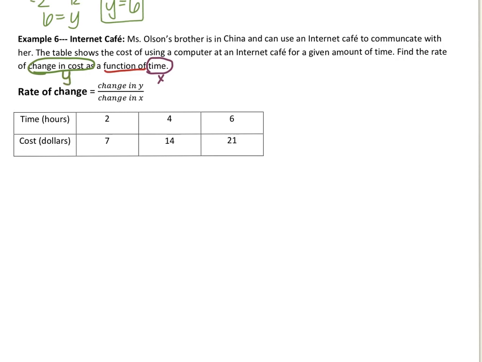So when I look at my rate of change equation, which is change in y over change in x, I know for this problem it's really going to be my change in cost over my change in time. I'll write it on the side here.